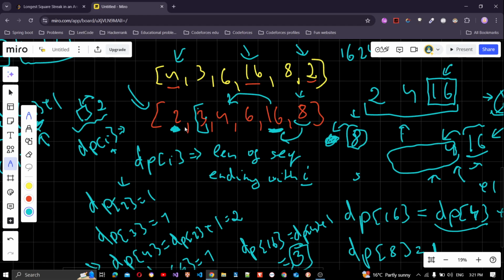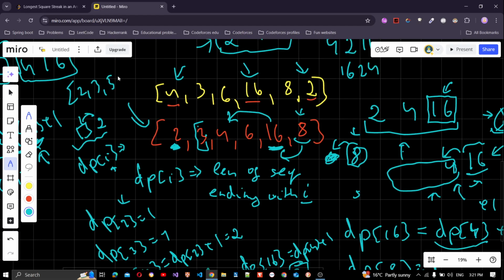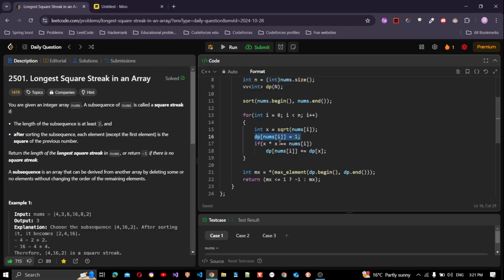This does not really matter if we have something like 2, 3, 5. For all of these values, dp of 2 is going to be 1, dp of 3 will be 1, and dp of 5 will be 1. So when we find the maximum, it's going to be 1, so we'll just return -1. So dp of nums i I just put 1.